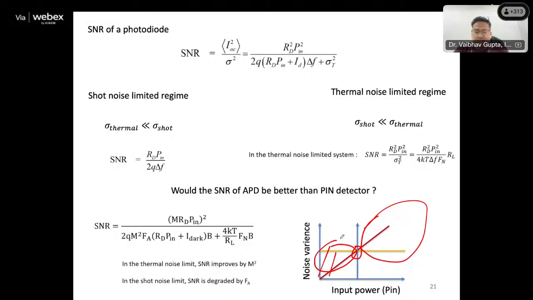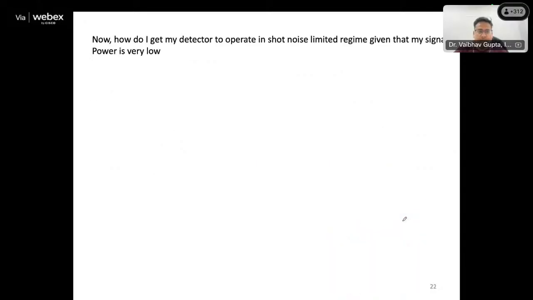That is called the thermal noise limited case. And in this particular case, you have more shot noise. So shot noise is creating the problem, and that is called the shot noise limited case. So depending on your input power, you have two different cases, right? And with higher power, what you typically have is the shot noise limited case.